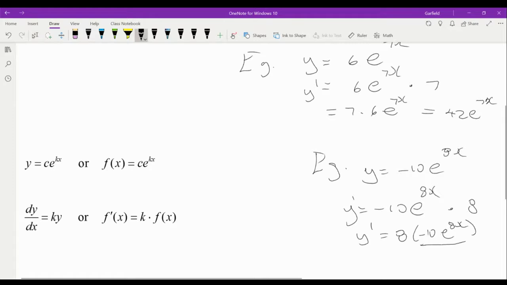You'll notice that this part is actually the original function, and it was the same in the previous problem.